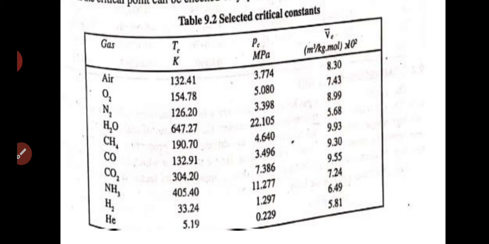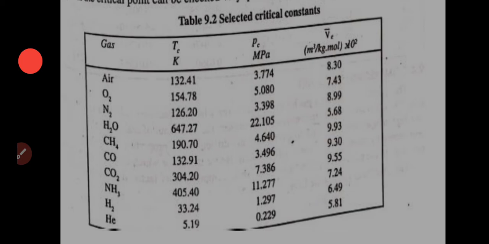So TC is 405 Kelvin and PC is 11.277 megapascals. Now substituting these values, because here pressure is given in kilopascal, we are converting that megapascal into kilopascal by multiplying it with 1000. So we get reduced pressure PR is equal to P by PC.